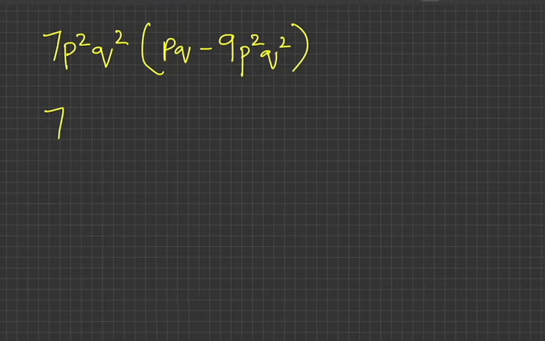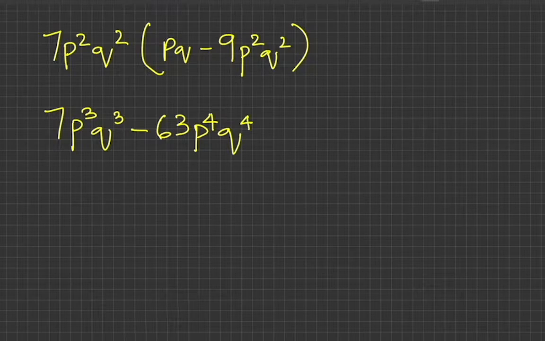P squared times p is p cubed. Q squared times q is q cubed. Minus 7 times 9 is 63, right? P squared times p squared is p to the power 4. Q squared times q squared is q raised to the power 4.